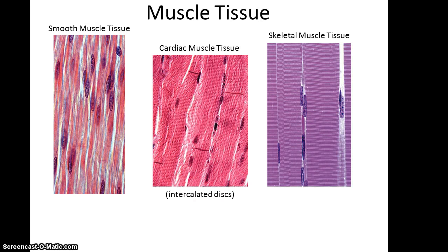So, smooth muscle tissue: long, skinny cells, one nucleus, no striation. Cardiac muscle tissue: long column-like cells that sometimes branch, and very key, you have striations and the intercalated discs. And skeletal muscle tissue: many nuclei per column or cell, striation, but no intercalated discs.